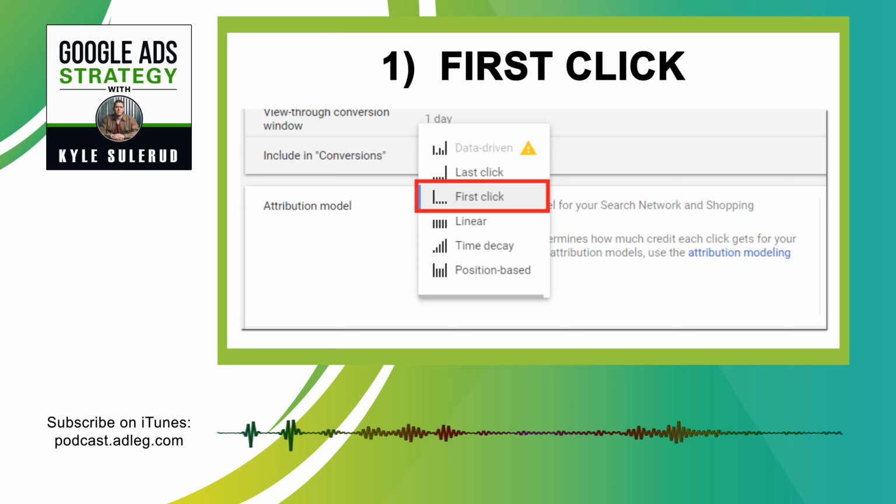With that in mind, I need to understand that if I'm running remarketing campaigns, I'm not really going to be seeing conversions in those campaigns. There will be some, because if people came from other traffic sources and then I'm remarketing to them on Google Ads, perhaps the first click in Google Ads is in a remarketing campaign.